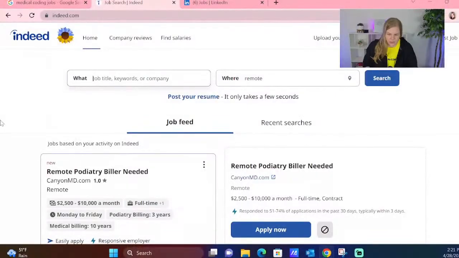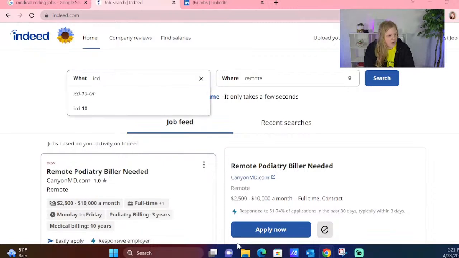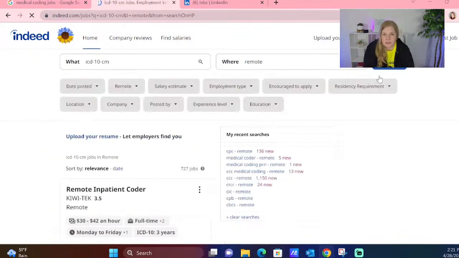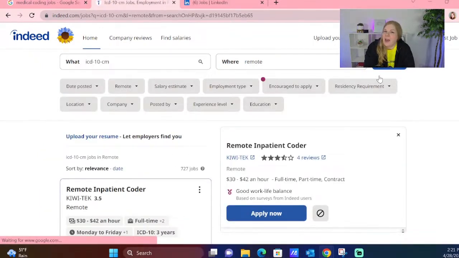One of the things I like to do is, instead of searching for medical coder, which is not a bad idea, break it down by skill set and search for something like ICD-10-CM, and search for remote positions. It'll come up with a lot of jobs that want that skill set, someone who knows ICD-10-CM, and they might not necessarily be titled medical coder. It could be a billing job, something where I'm at least working with the code sets regularly, and that's a key.